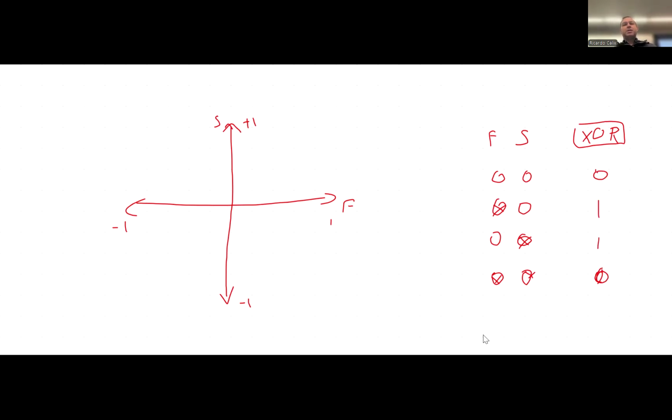And essentially what I'm saying is build a classifier that can separate this one and this one from this one and this, right? Because I'm saying this is one class and this is the other class. Do you guys see that? So we're going to try to build a linear classifier that can do that. And the way that I understand it is we have a Cartesian plane and we're just going to draw a line that separates it.